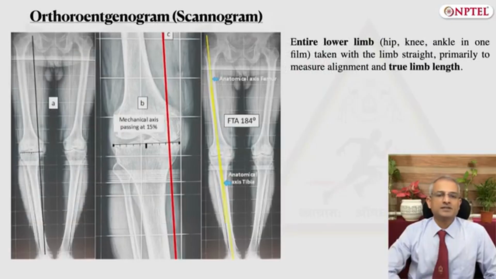The next investigation that is commonly done in sports injuries is called an orthoroentgenogram or a scanogram. This is basically a long leg radiograph which covers all the three joints of the lower limb, that is the hip, knee and the ankle, and is done in a standing position.